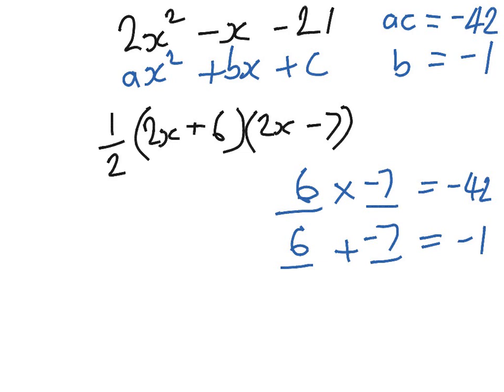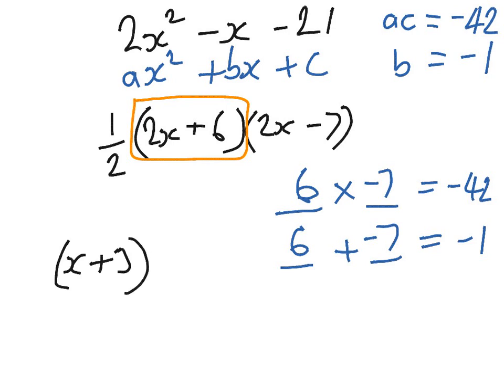And now let's have a look at the brackets. Can either of those brackets have both the terms divided by 2? Yes, we can see that in the first bracket, the 2x can be divided by 2 and the 6 can. So let's rewrite it then. We have x plus 3, and in the second bracket is the same 2x minus 7.